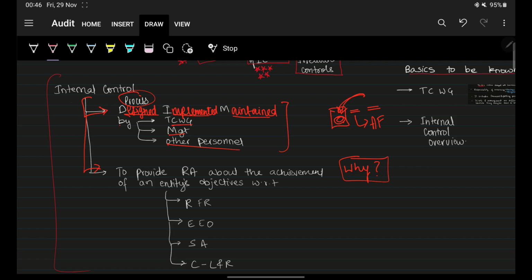Internal control is created to provide reasonable assurance about the achievement of an entity's objectives with regard to, firstly, reliability of financial reporting or financial reports.